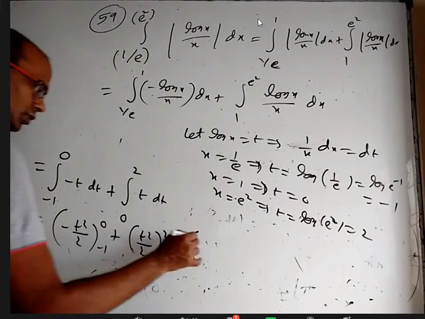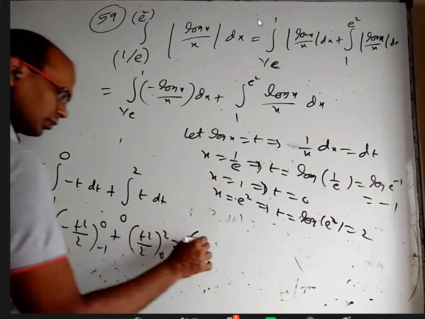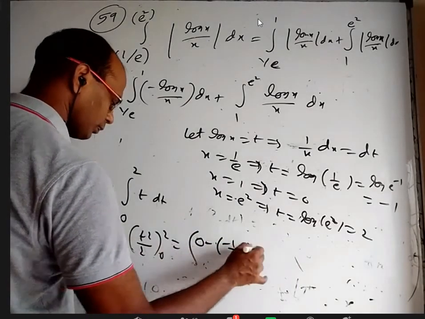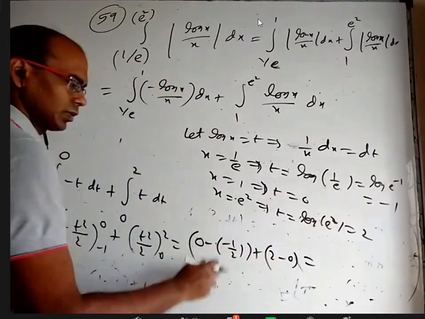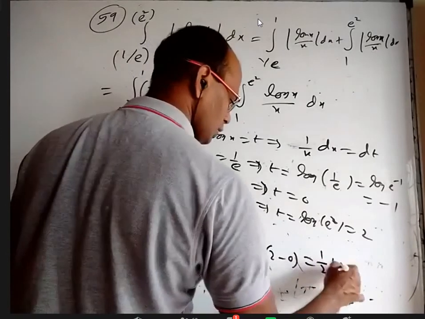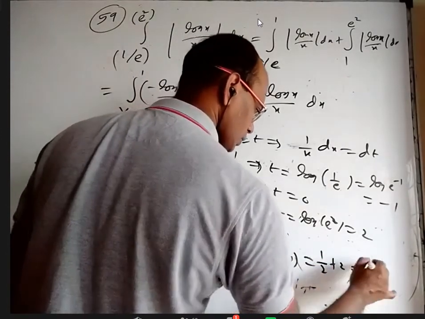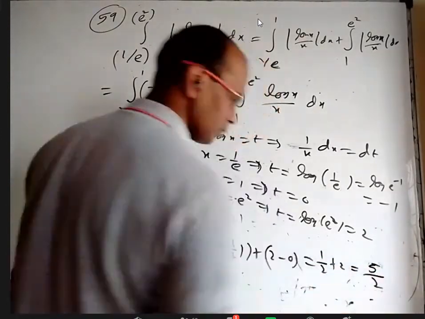This one when I put 0 is 0, when I put minus 1 it is 1 by 2. This one when I put 2, then it will be 2. So this is 1 by 2, this is 2. 1 by 2 plus 2 is 5 by 2.